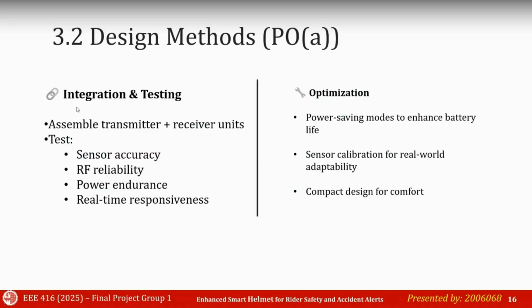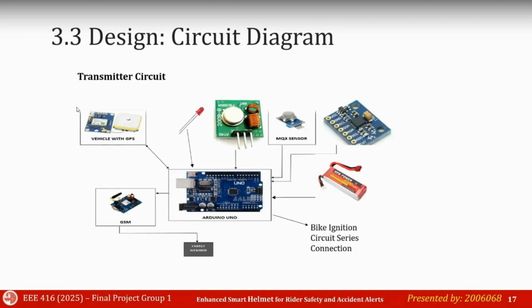Then we need to adjust and tune the thresholds of our different analog sensors, and also stabilize the RF communication. We also try to optimize our system as much as possible to get a longer battery life. And we also implement real-time monitoring through the I2C display. Let's discuss a little bit about the circuit diagram of our project.